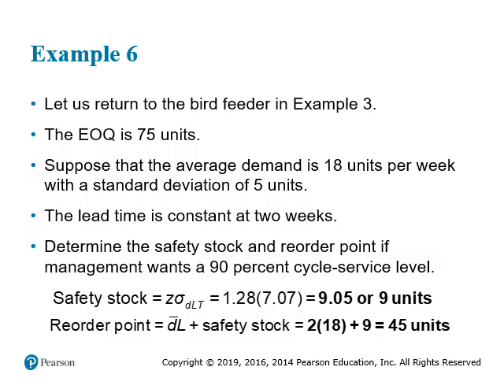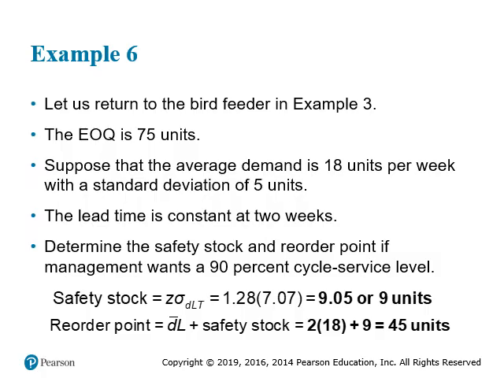There's some variability, and we've estimated the weekly standard deviation to be 5 units. We get 2-week deliveries, so the lead time is a constant 2 weeks. If we want a 90% cycle service level, the safety stock is z times the standard deviation for 2 weeks of demand.